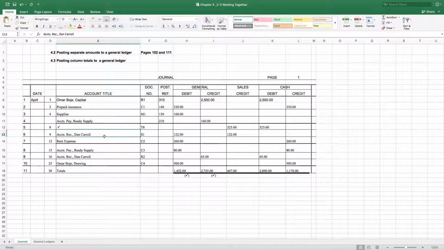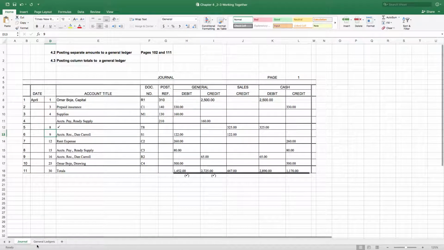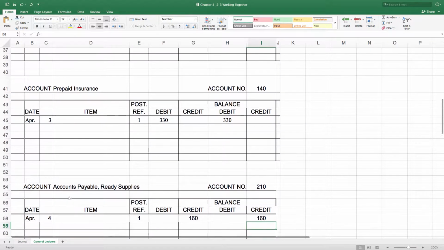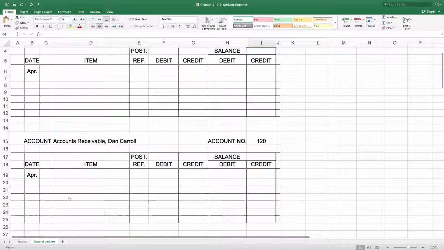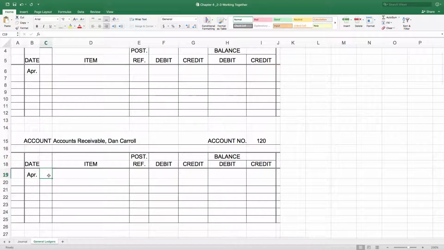So our next account that we will post is going to be accounts receivable Dan Carroll in the amount of $122 debit, and it's on the 9th. So we're looking for accounts receivable, 122 on the 9th. So there's the 9th.